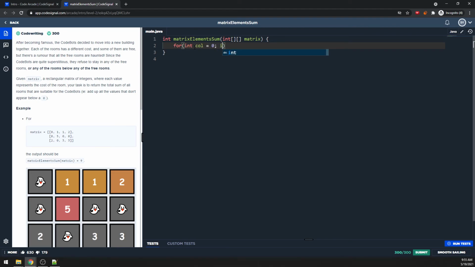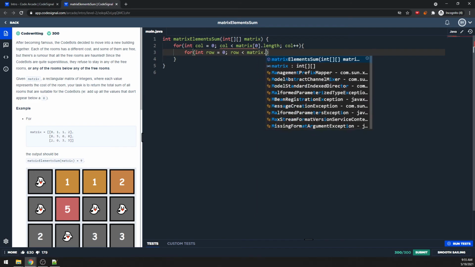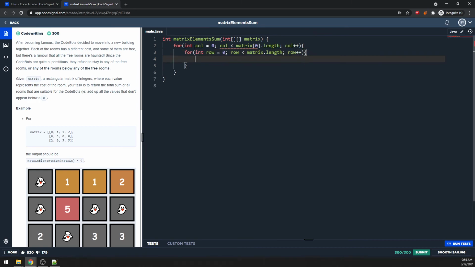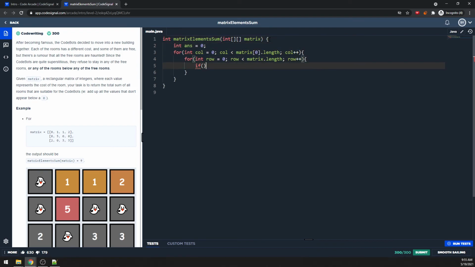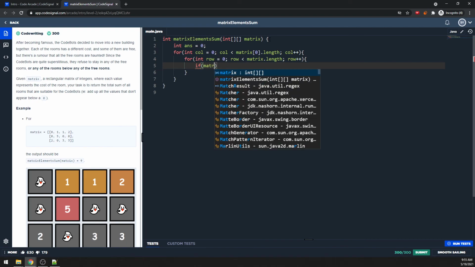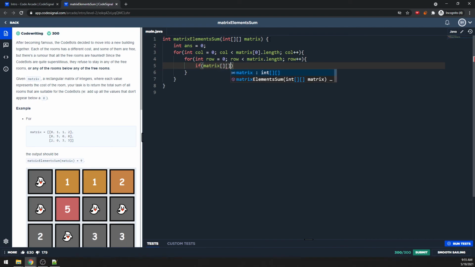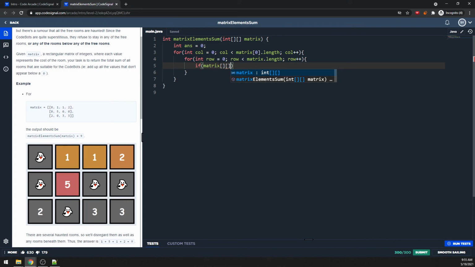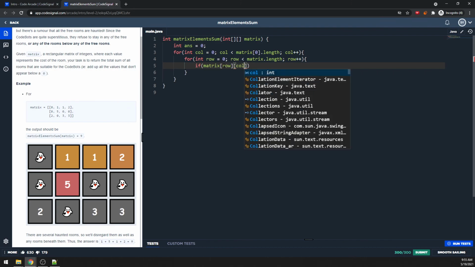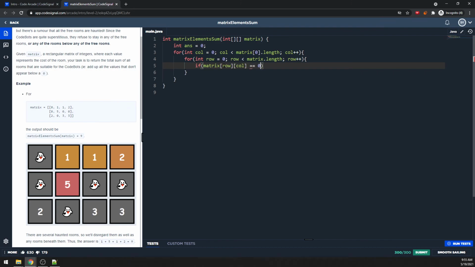Column equal to 0, column less than metric dot length, column plus plus, row equal to 0, row less than metric dot length, row plus plus. If, okay, we also need to store into the variable if the metric row column equal to 0, we break, else we add the value, right?